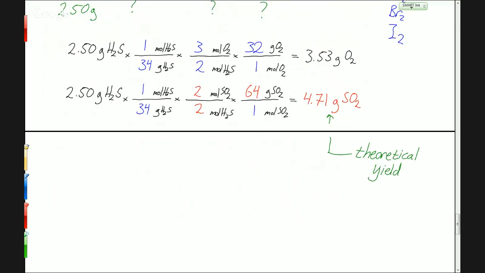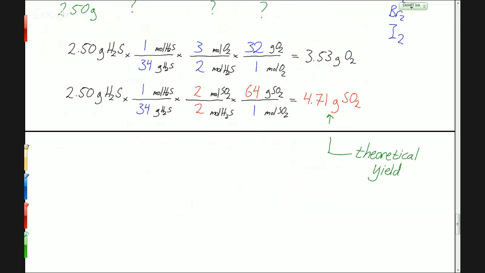And then often what we do in lab, and what we will do on Wednesday, is we'll measure how much we actually get against the theoretical yield and get something called the percent yield, which is what percent of the theoretical yield did we actually make. Different reactions will have different values for that. So maybe one reaction you want to get 90% yield, which means 90% of what you could have made.